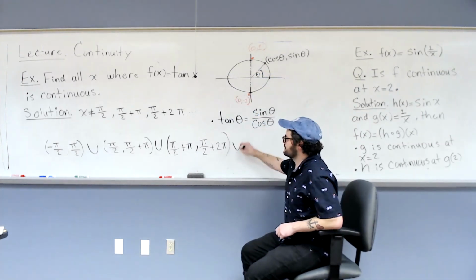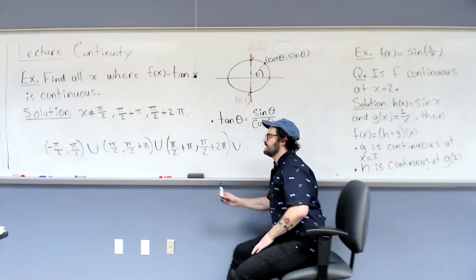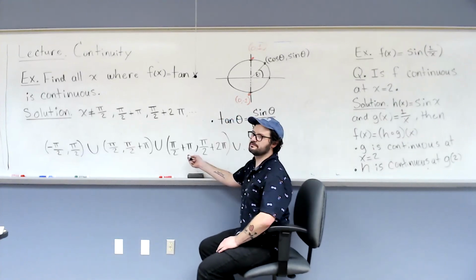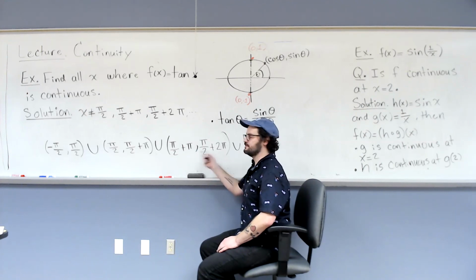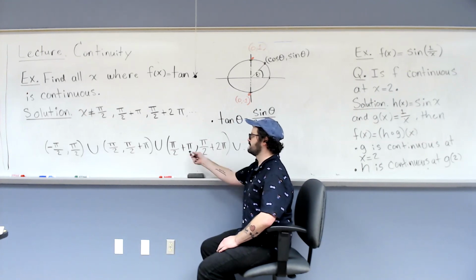So do you see what's happening? The end point of this interval will be the beginning point of this interval. And then the end point of this interval here is going to be 1 more pi than there is there.